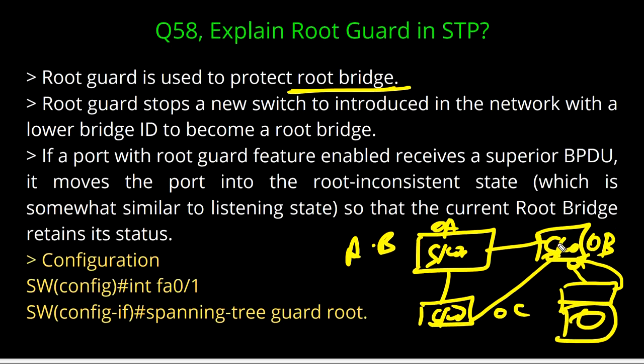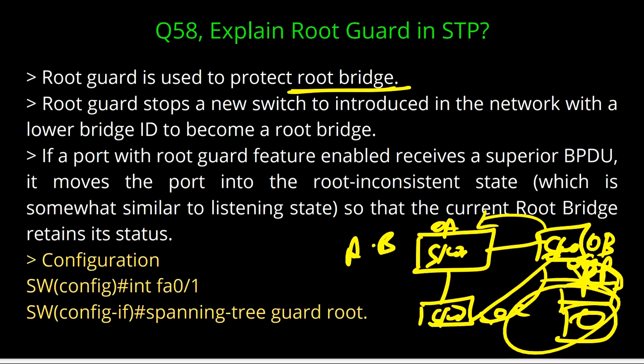So this switch will come to know that it is receiving a superior BPDU on this interface, so this interface will become the RP, right? And this switch will relay that BPDU to switch 1 and switch 2. After that, switch 1 will come to know that it is not the root bridge anymore; the root bridge is this attacker switch.